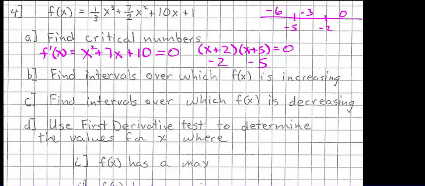And what I do is I plug that back into the derivative to see if I get positives or negatives. Positives mean the graph is increasing. Negatives mean it's decreasing. So here I go. I'm going to test these numbers, -6, -3, and 0. And I like to plug into the factored form.